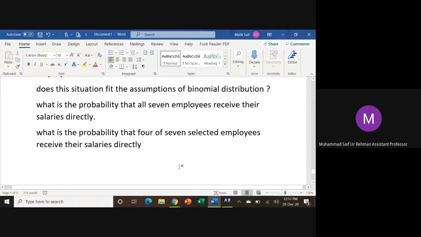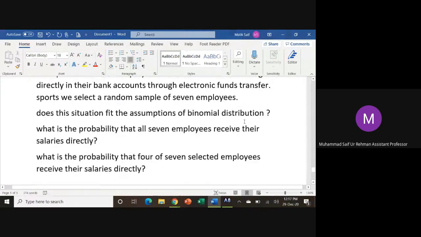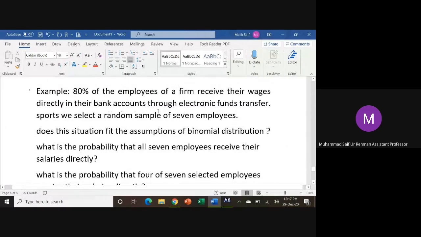So you may confront such questions. 80% of the employees of a firm receive their wages directly in their bank accounts through electronic funds transfer. Suppose we select a random sample of 7 employees.